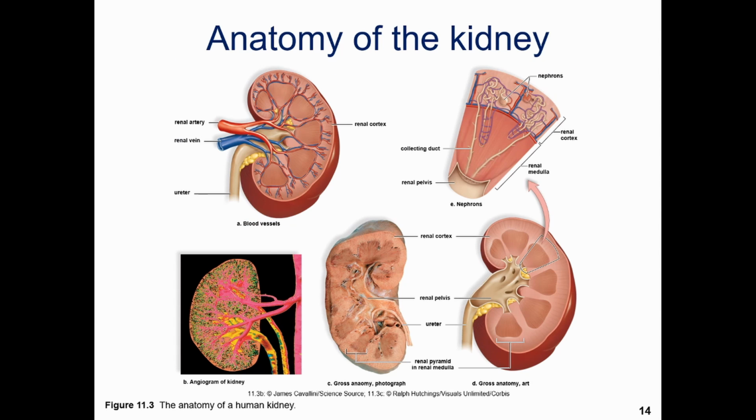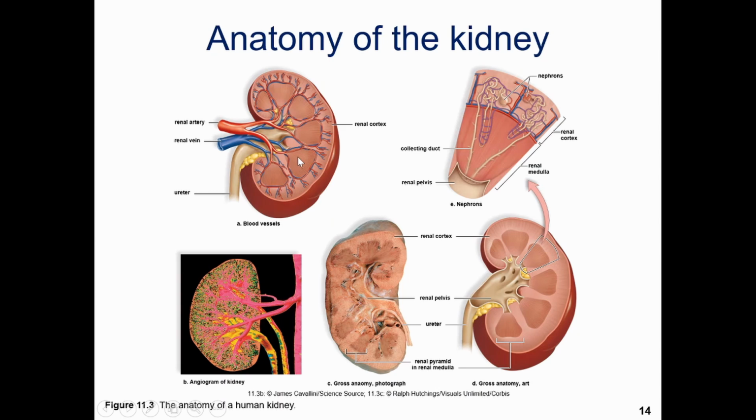So let's look at the kidney. So here we have this coronal, this frontal cut of a kidney. The renal cortex is this outer layer you see in kind of that dark red. And then the renal medulla is going to be this inner portion here. See those individual pyramids? So these are renal pyramids individually. Collectively, we can call that the renal medulla.